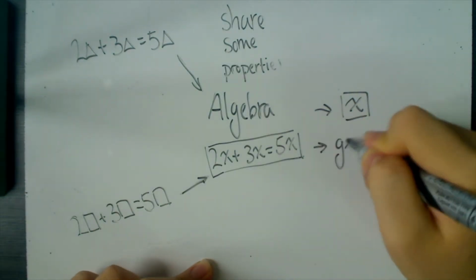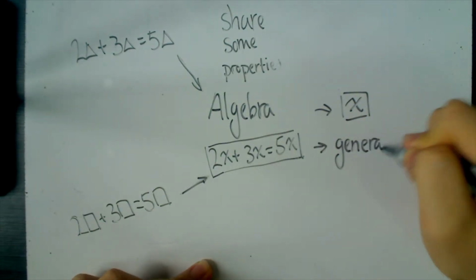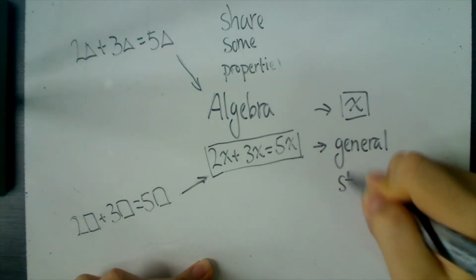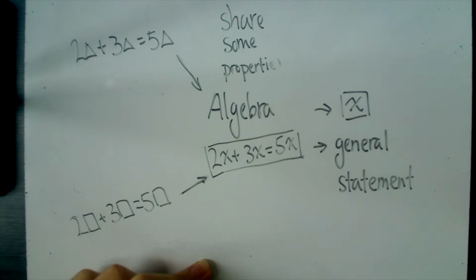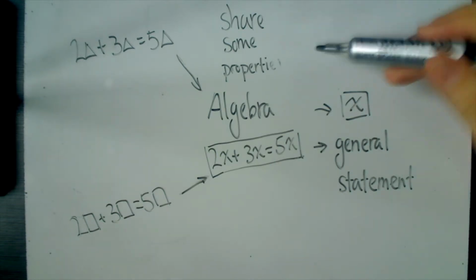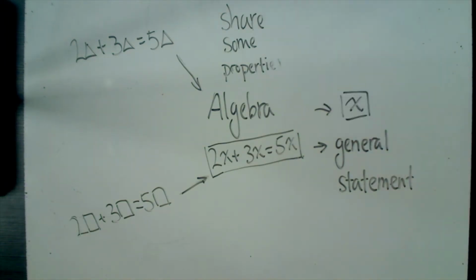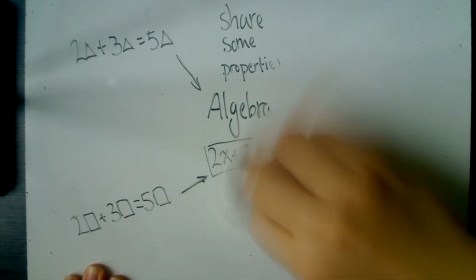By making this general statement, we've essentially solved problems of the form 2 of something plus 3 of something, you get 5 of something. It doesn't actually matter what that something is. All that matters is that something has the properties that triangles and rectangles have, so that we can apply this general statement. And this is essentially what linear algebra does.